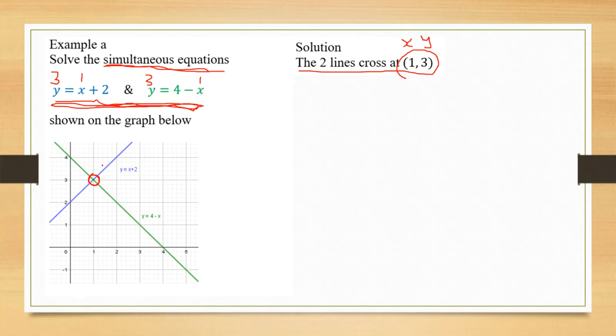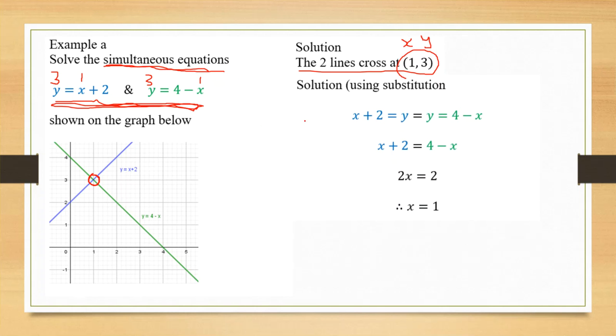So this is a graphical solution that we have here, and now I'll talk about the algebraic solution. So if we use substitution, we have y equals x plus 2 and y equals 4 minus x. So we've got two equations for y. Y equals this and y equals that.